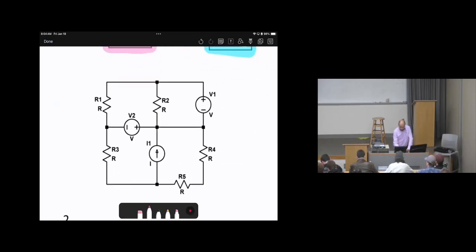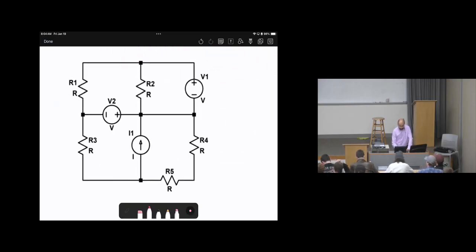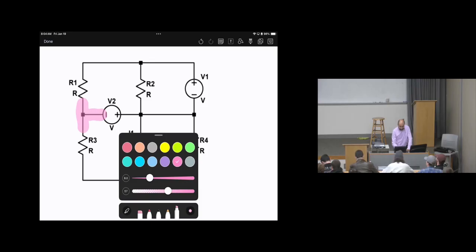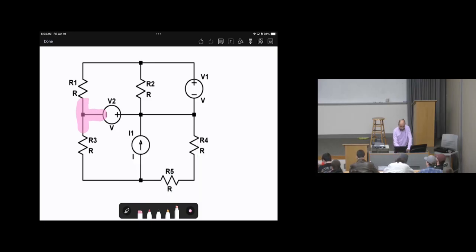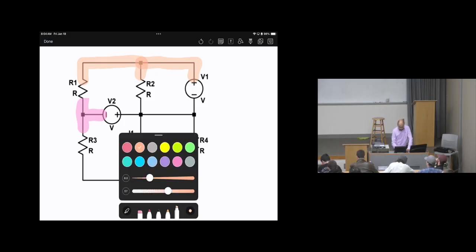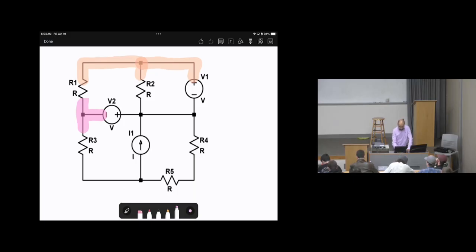How about this circuit? Let's start here. This is a node. So you will keep going until reaching an element. So start from this element. Here we reach an element. There is no element here. Keep going until reaching an element. Then this is another node. What else? Here. This is a node. Then keep going.